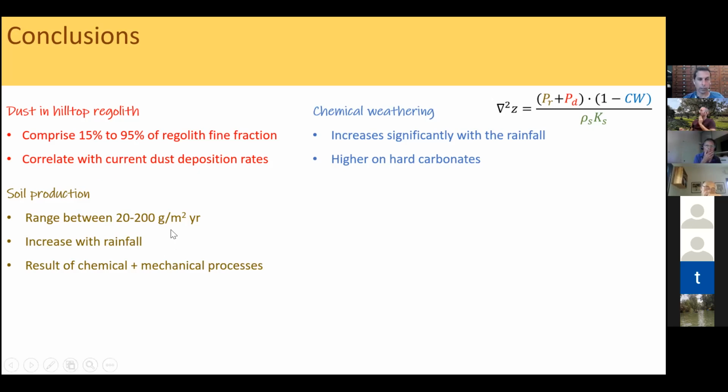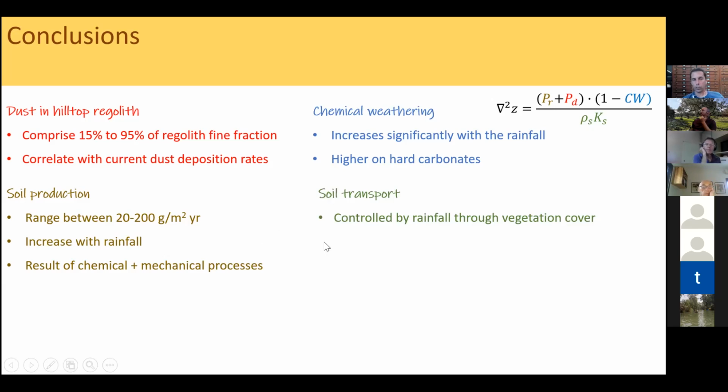So I don't know if there's anyone considering the environmental regeneration of soils, maybe these numbers can be very useful. We saw that soil production increases with rainfall, again, in our study sites, and is the result of both mechanical and chemical processes, in addition to dust, of course.